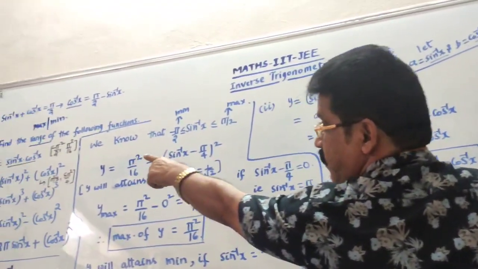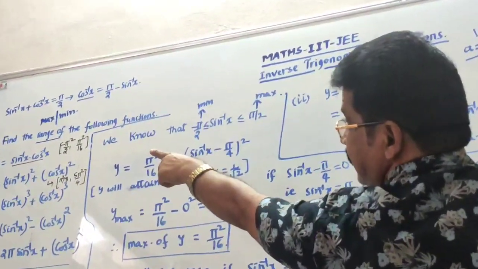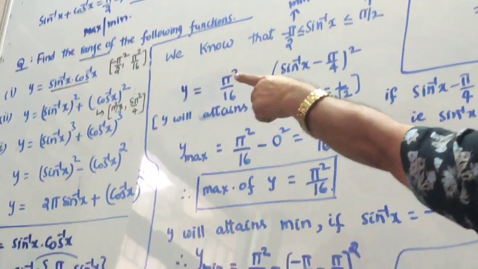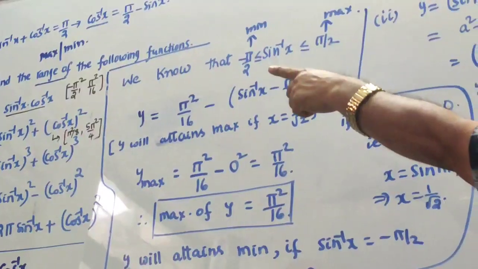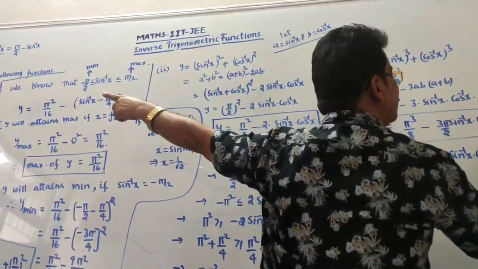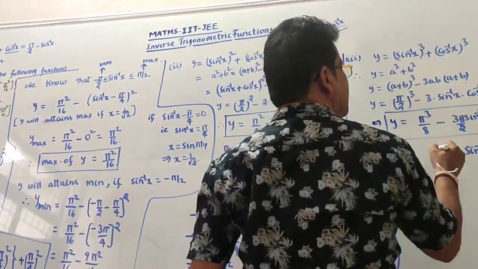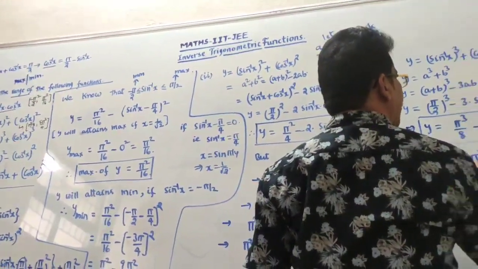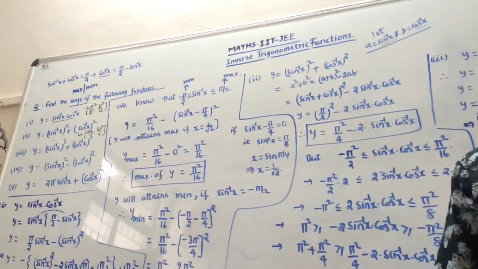What I said in the first solution, you see there the range of the first function: sin inverse x into cos inverse x lies between minus pi square by 2 less than or equal to pi square by 16.